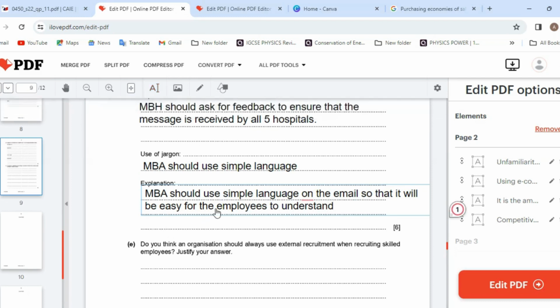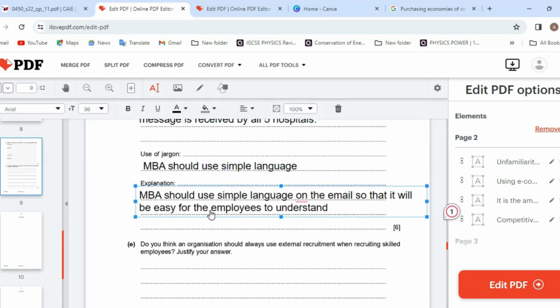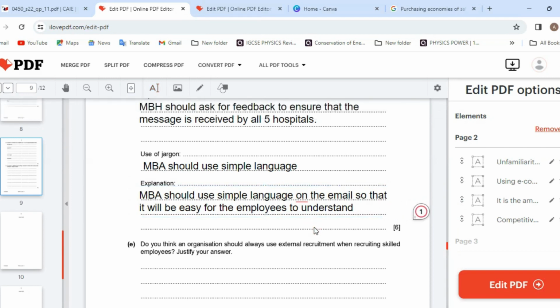It can also be to make sure the language is appropriate to the receiver so that there will not be any misunderstanding. Now we move to the next question.